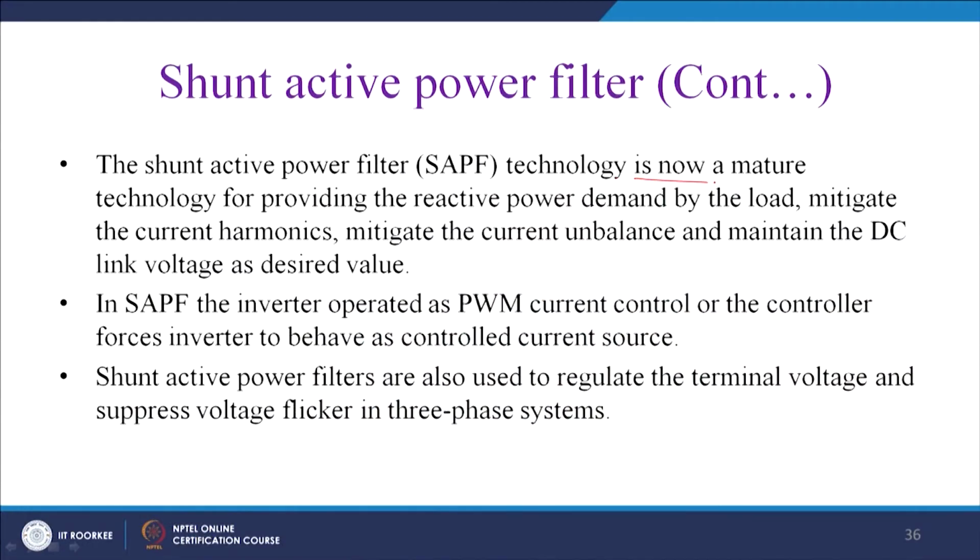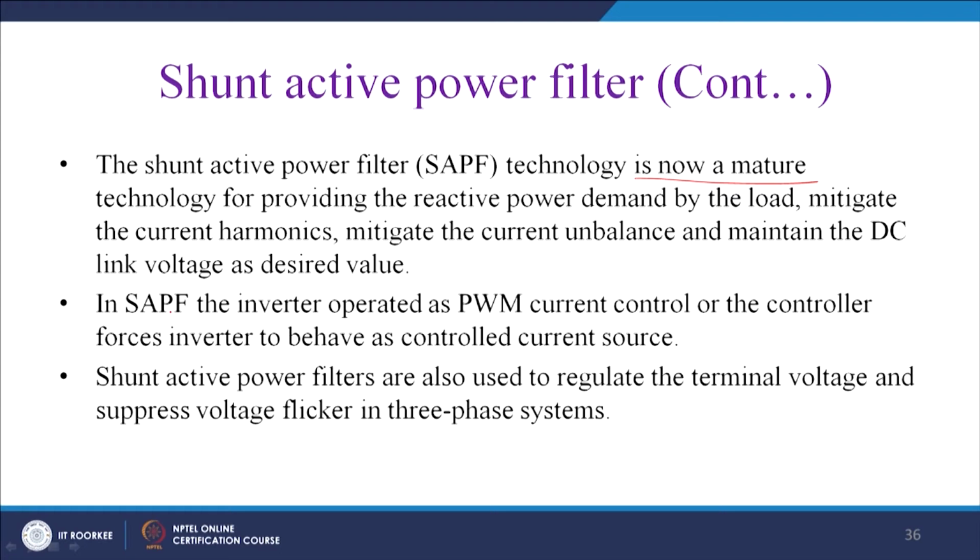So, the shunt active power filter is known as a mature technology for providing the reactive power demand of the load, mitigating the current harmonics, mitigating the current unbalance, and maintaining the DC link voltage at its desired value.